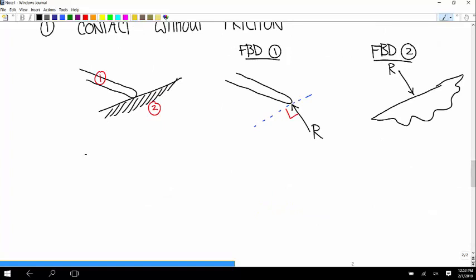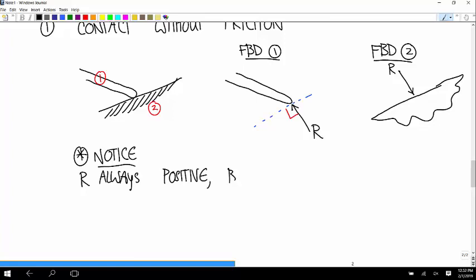Notice that for contact without friction, R is always positive because the force is always toward the chosen body.